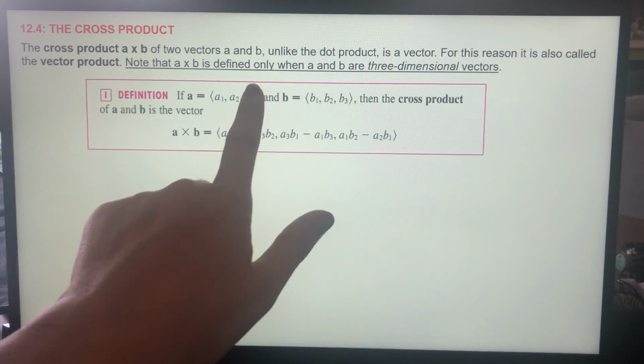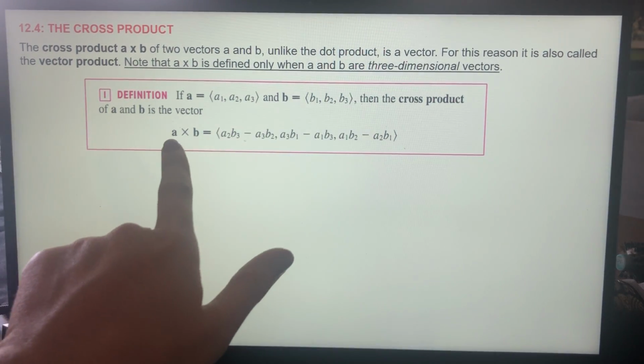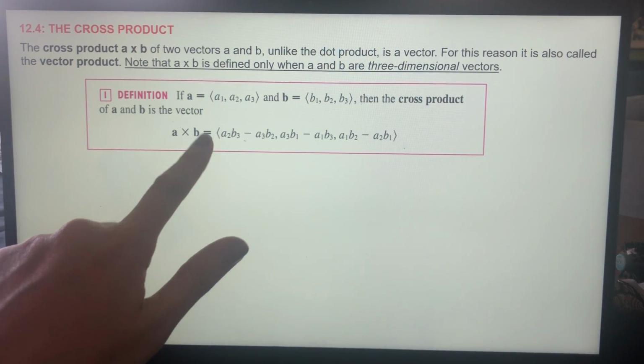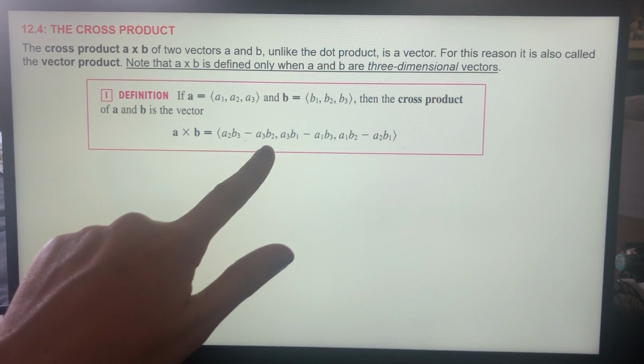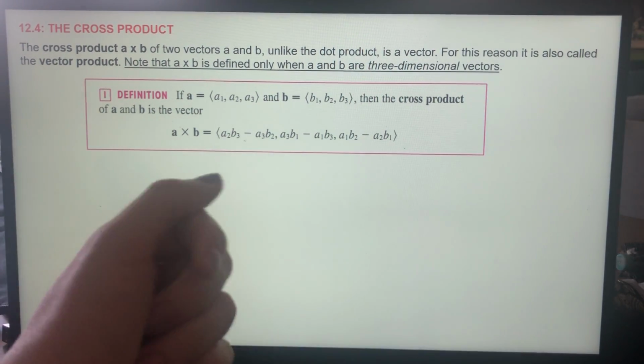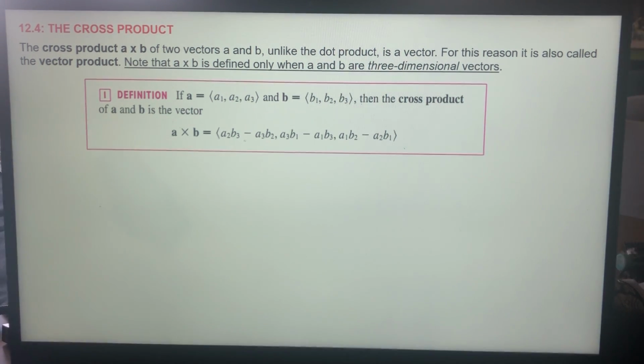Here two vectors are given with the components a1, a2, a3, b1, b2, b3, and this is how we can find the vector product a cross b: a2 b3 minus a3 b2 is the first component, then the second component, then the third component. It can be really complicated to memorize, but you don't have to.